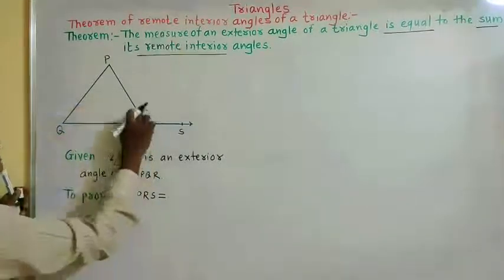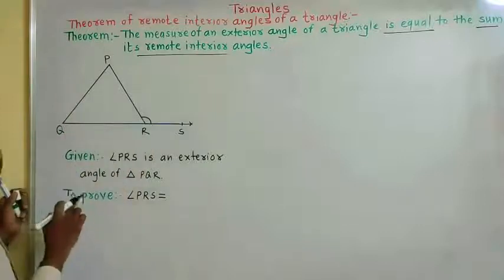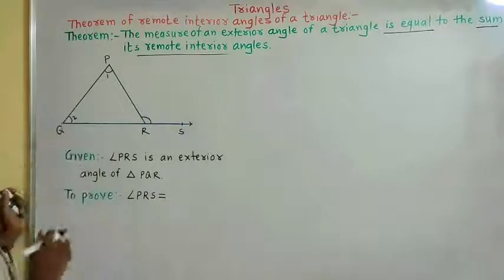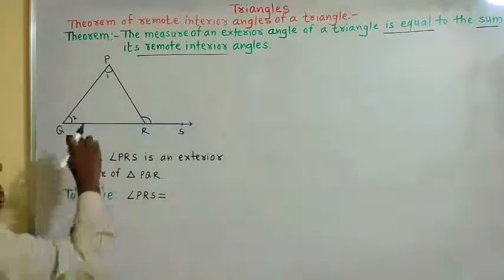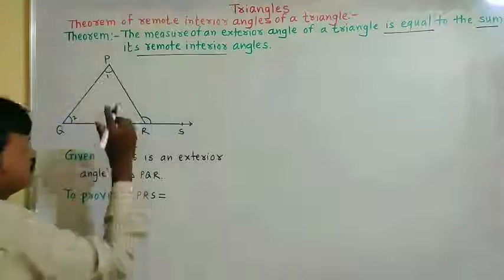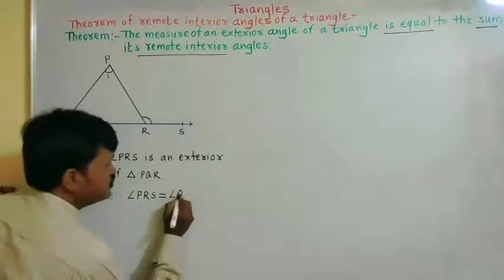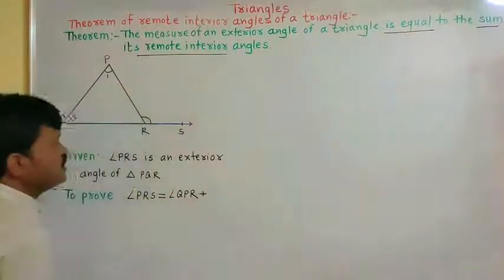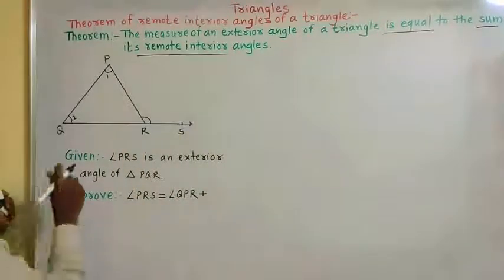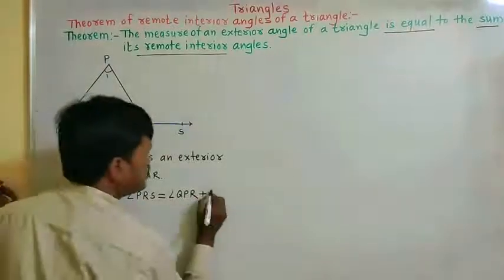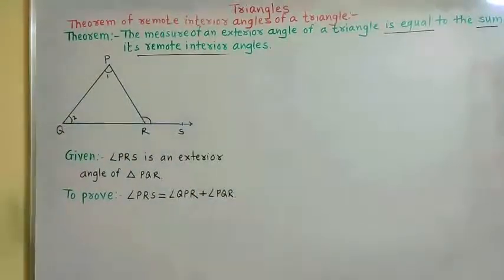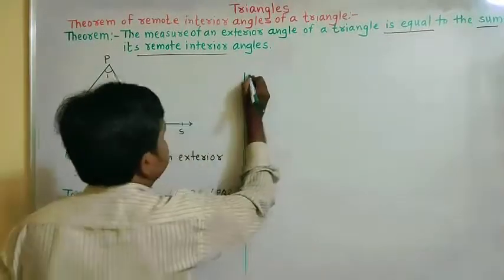So look here, PRS is the exterior angle, and this angle and this second angle, these are remote interior angles. So write here first, angle QPR plus angle, the second remote interior angle, which is PQR. So write here, angle PQR. So these are the two proof parts. Now we write here, proof.